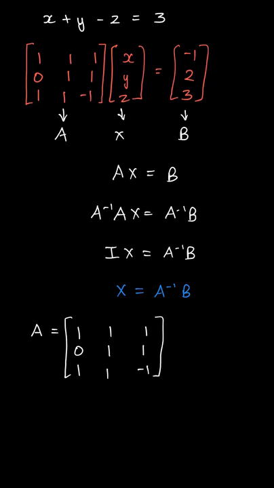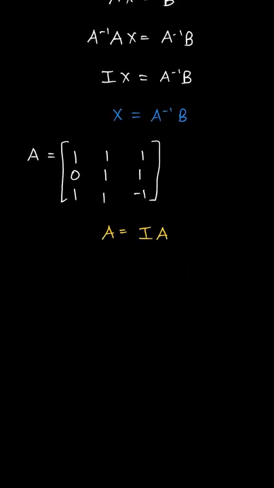Now we will find A inverse. For that we will find the inverse of this by the elementary row transformation. For that we will have A is equal to IA. Now we will substitute the respective values.